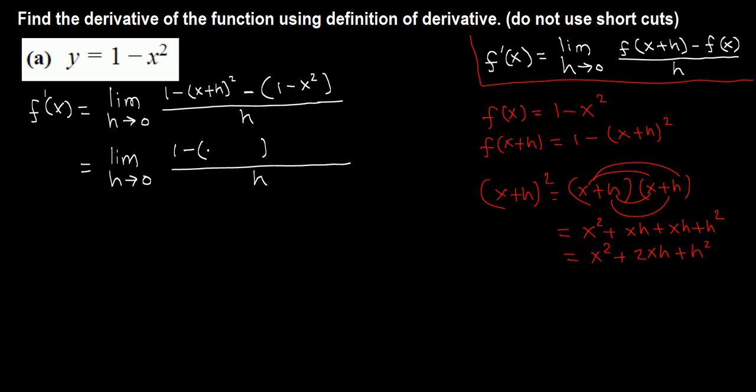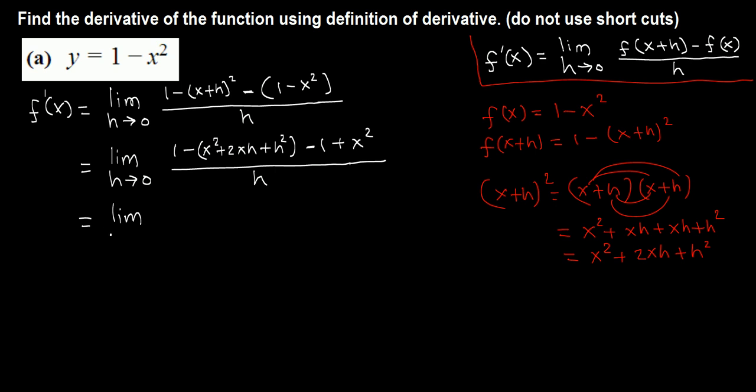So x plus h quantity squared is x squared plus 2xh plus h squared, minus, we need to distribute the minus 1 to the inside, so minus 1 minus x squared, and we need to distribute this negative sign as well.